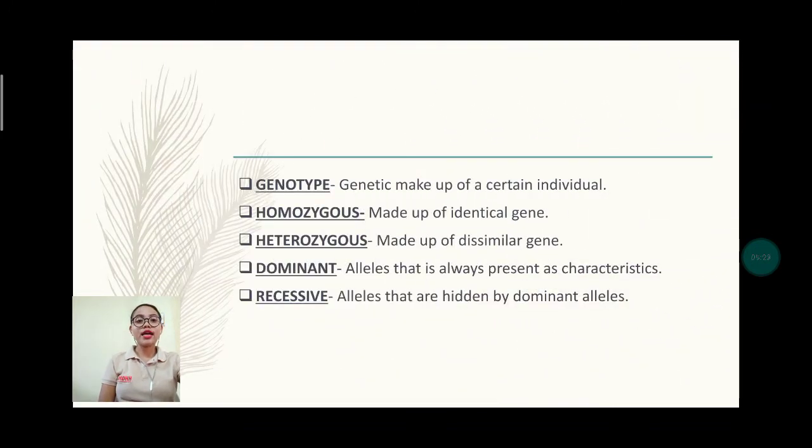When we say genotype, it is a genetic makeup of a certain individual. Next term is homozygous. When we say homozygous, from the word itself homo, which means one, it made up of identical gene. When we say heterozygous, it is made up of dissimilar gene.